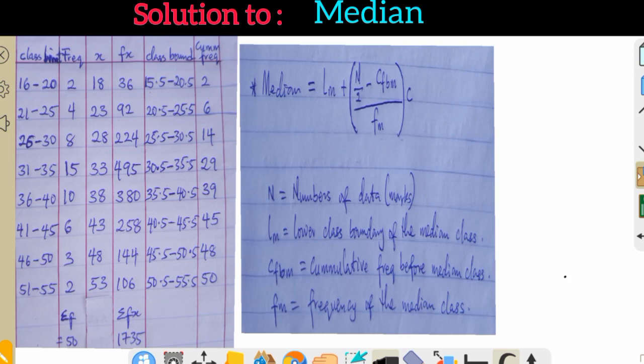Okay, we'll be looking at how to compute the median of grouped data. As you can see there, I've written out the parameters to use.